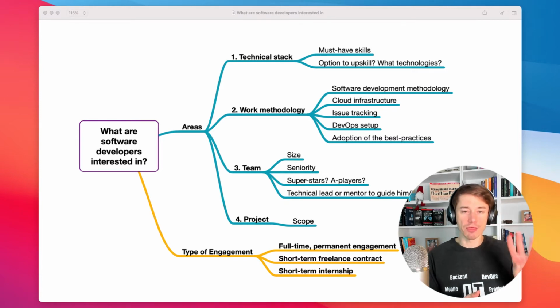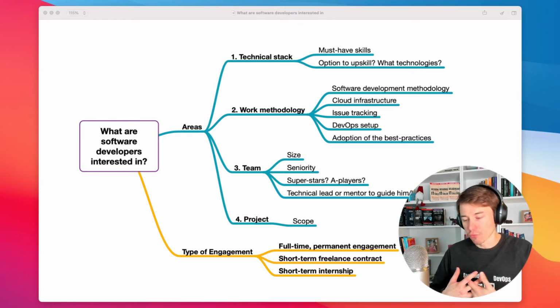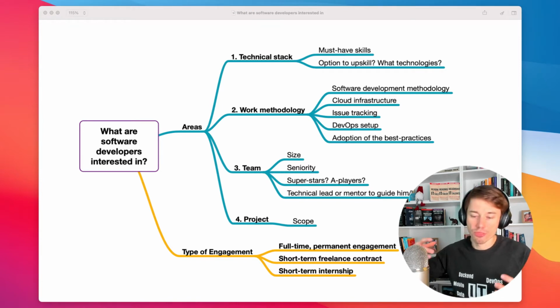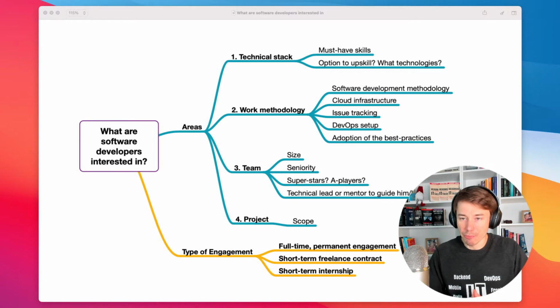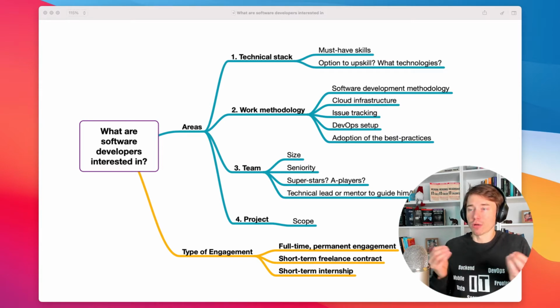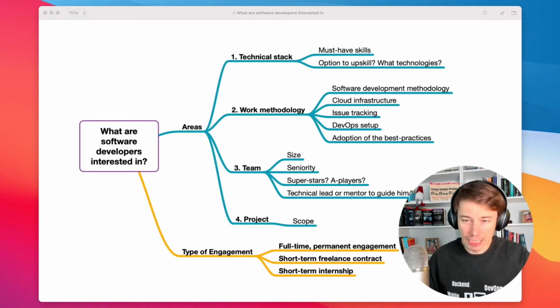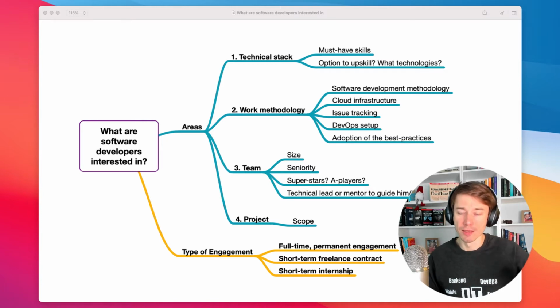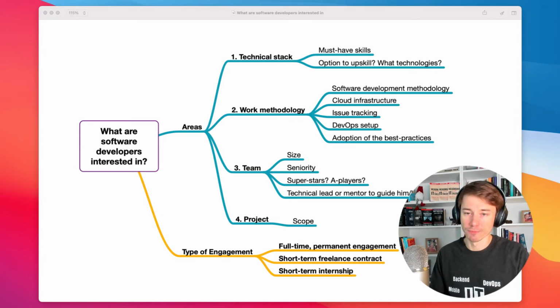Okay, number 3, the team. When I was interviewing candidates, they usually asked me about the existing team, about the senior team members, because they want to have someone to learn from, which is totally understandable, right? You can also see it in the first node, the technical stack, option to upskill, what technologies are used. So it's related to node number 3, the team, to have someone to learn from.